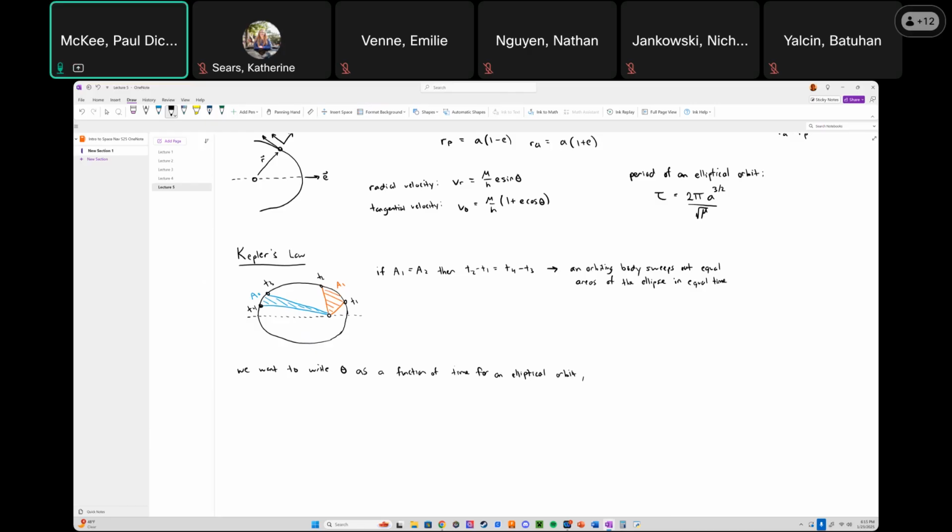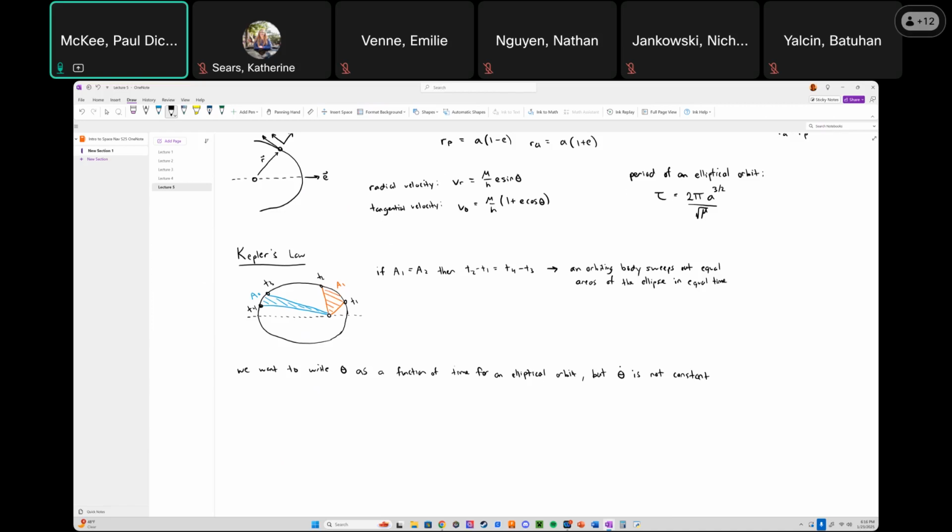But theta dot is not constant. Right? So you see how if the velocity is always changing and the position is always changing, it gets really complicated trying to say something like, okay, right now, the angle between periapsis and the spacecraft is 15 degrees, how long is it going to take for it to be 30 degrees? It gets really tricky to answer questions like that for an elliptical orbit.